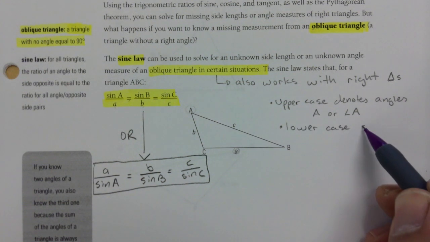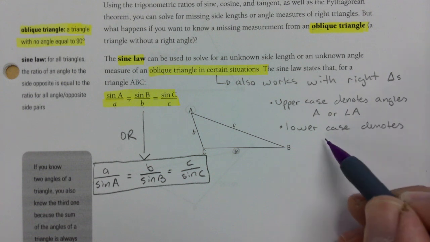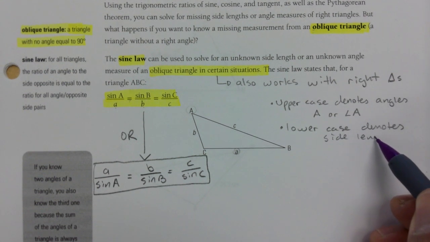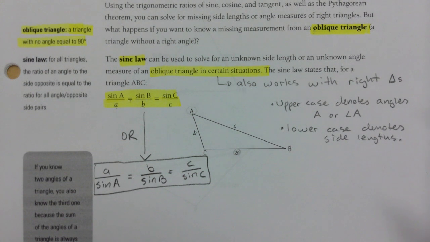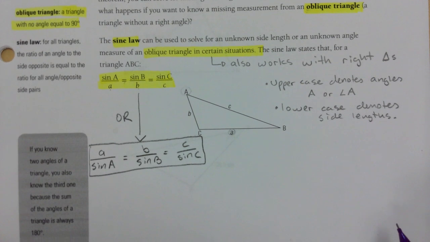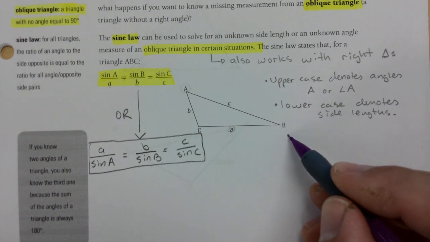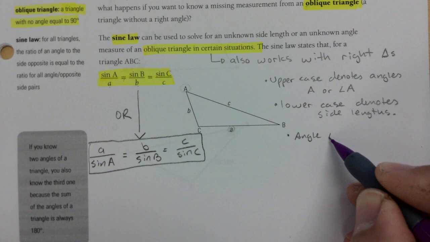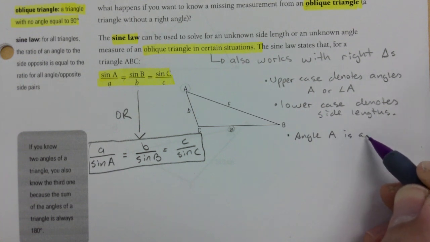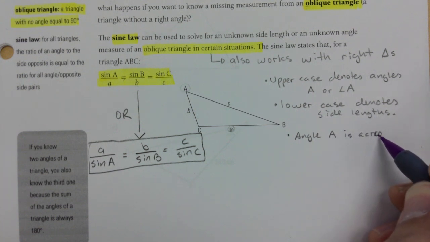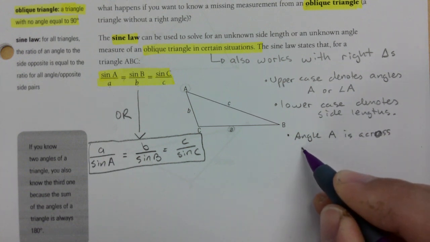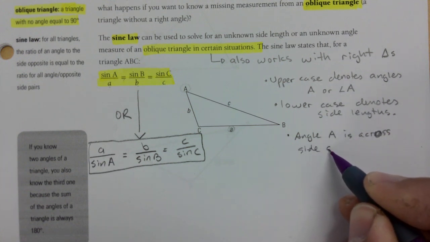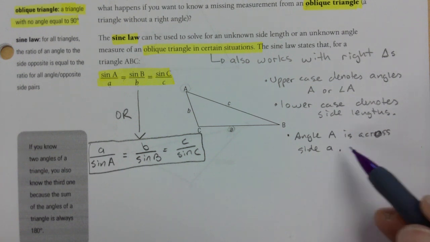Lowercase denotes side lengths. Also note that angle A is across side A. Right? Always.